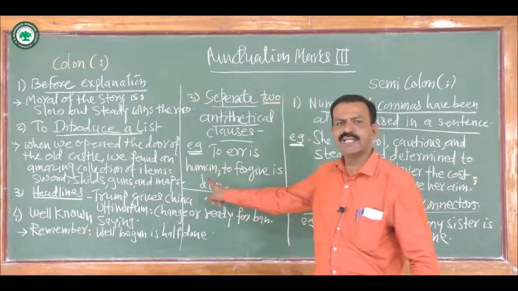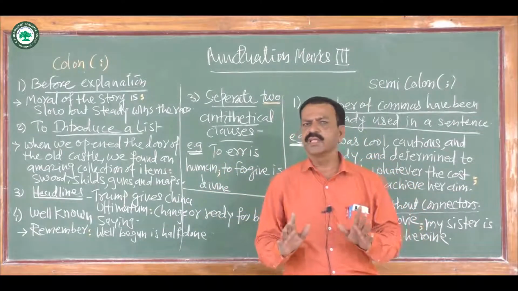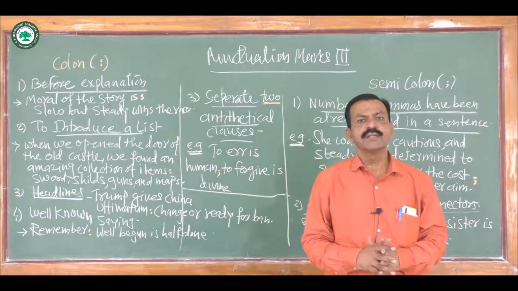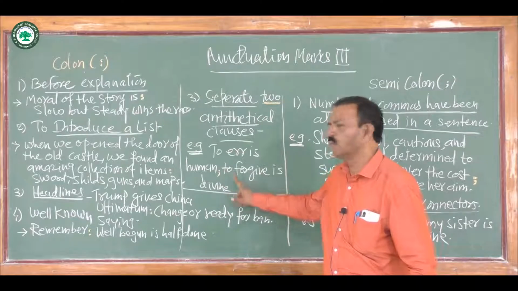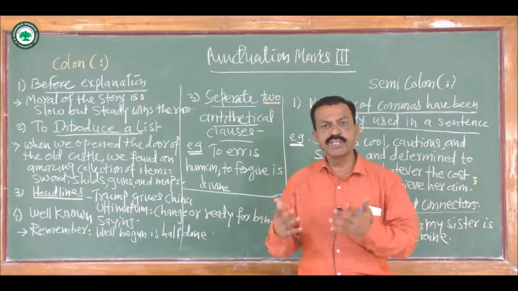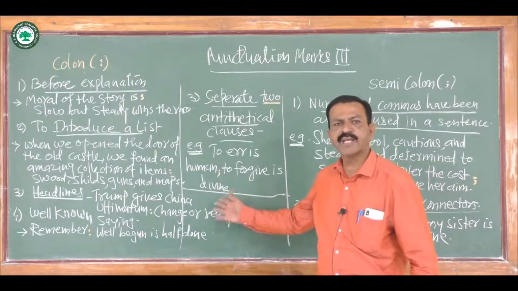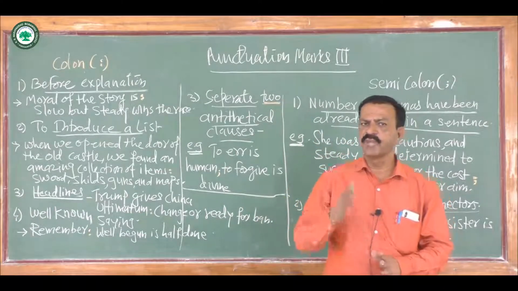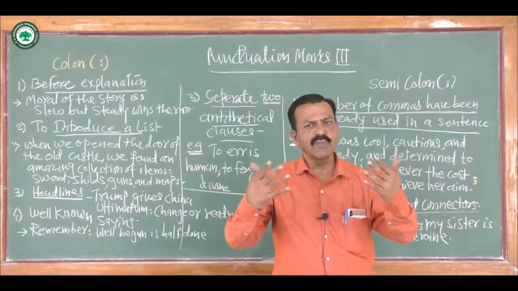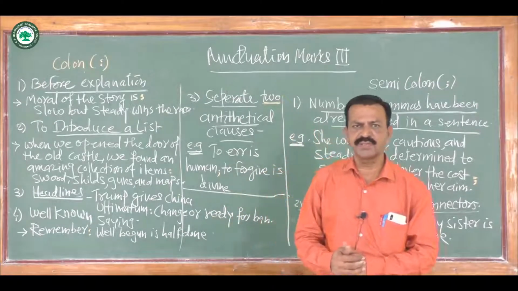Generally human beings make mistakes, while, semicolon, to forgive is divine. Divine means God. In short, we can say man makes mistakes and God forgives those mistakes.